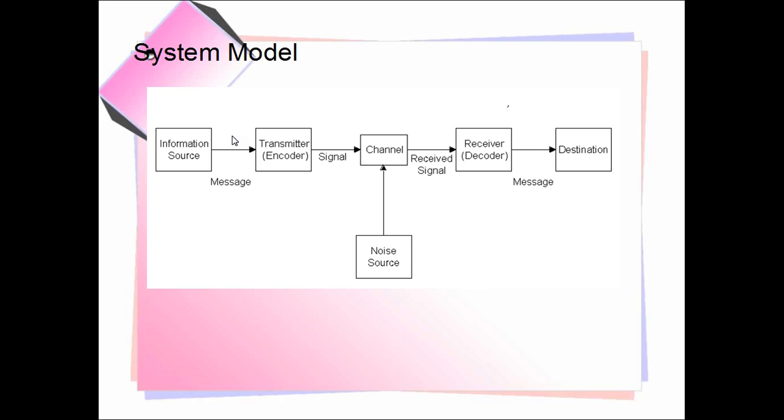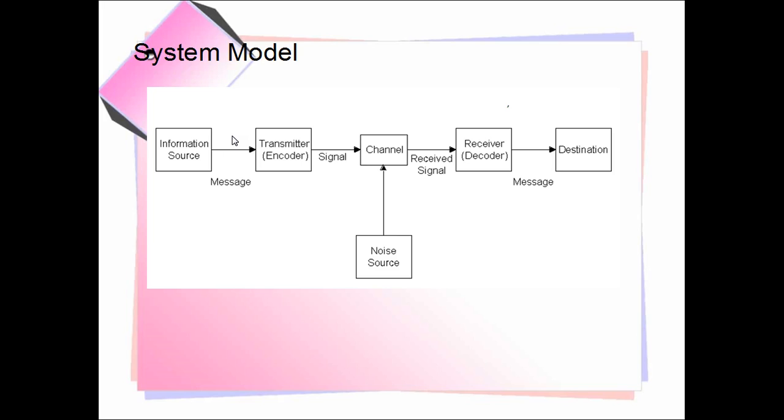And turbo code is a forward error correction coder. The scheme of turbo code consists of an encoder and a decoder.